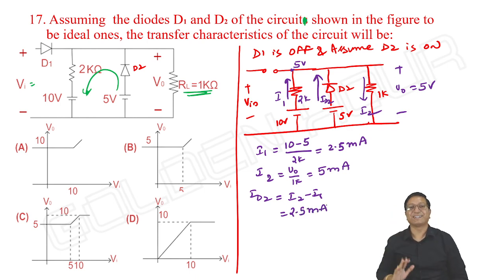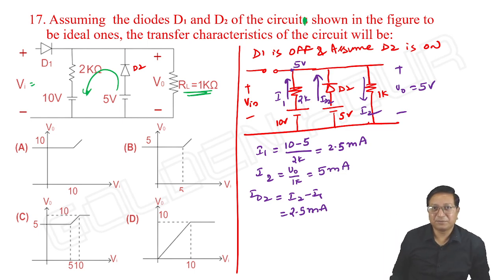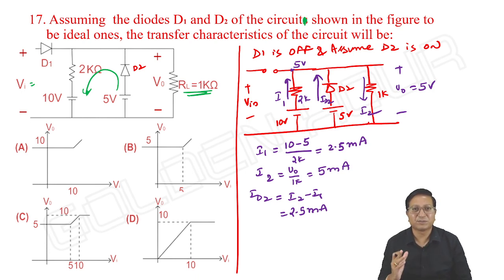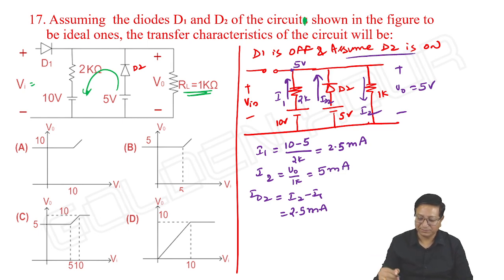Our assumption is correct. See this. When I started the diode circuits with DC, I told you when a resistor comes in parallel with the diode, we are not sure that the diode will always conduct. It's not like the diode is always off. The influence of the resistor will be there. That's it. So our assumption is correct.